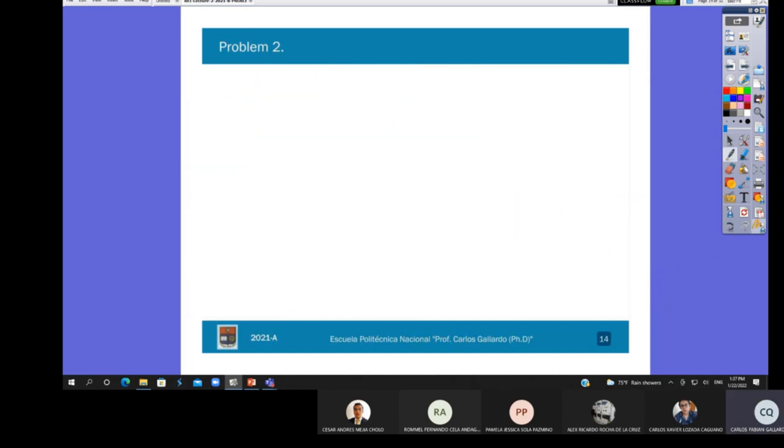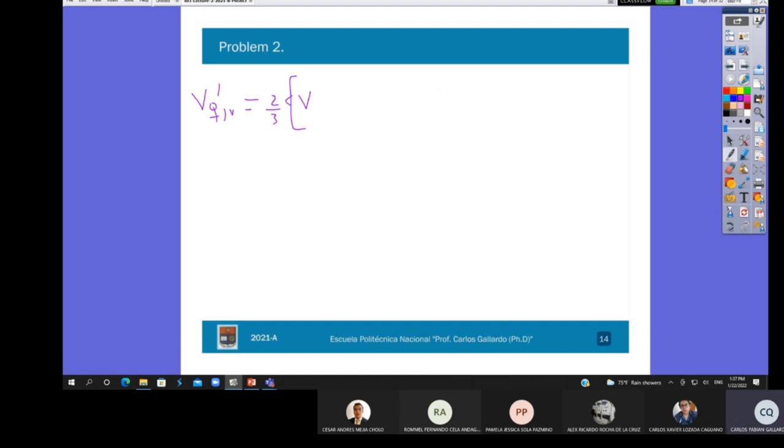So I will have the quadrature axis voltage. The quadrature axis voltage is equal to 2 over 3. Let's open the brackets, let's open the brace.